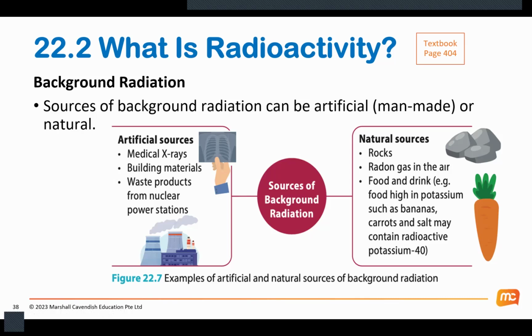Certain things that are found commonly in nature do emit a small amount of radiation. For example, in your air or in the ground, there is actually something called radon gas.